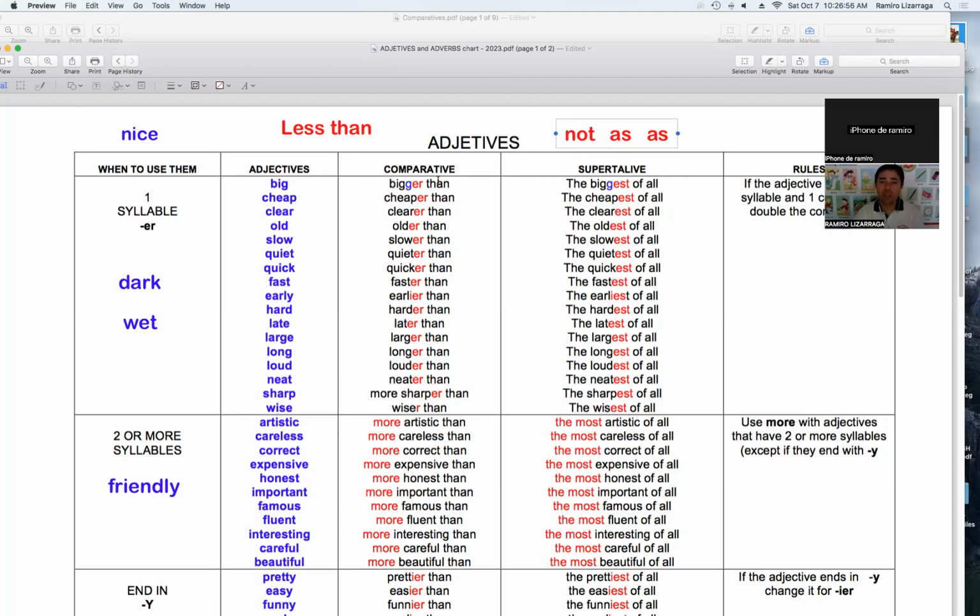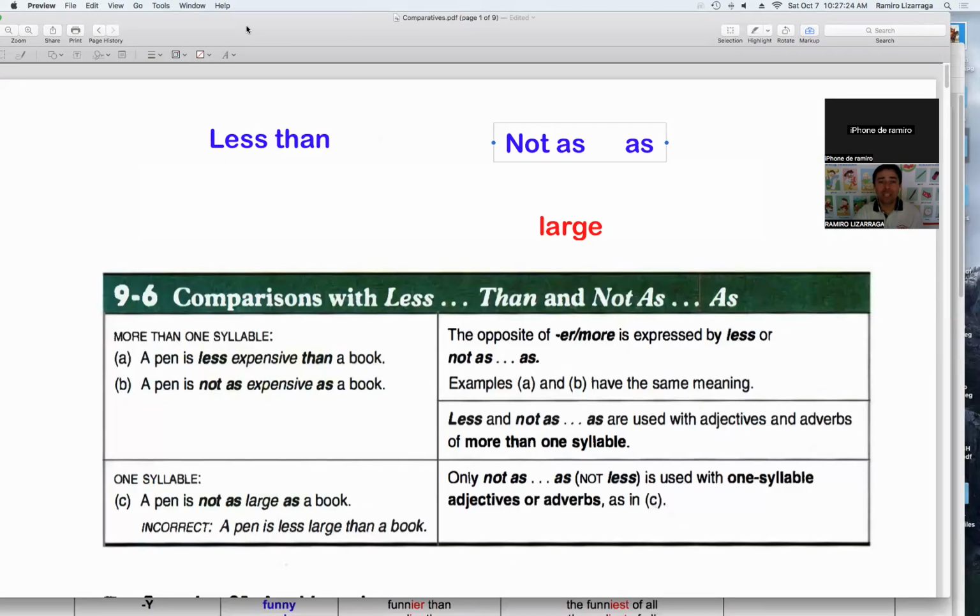More and bigger are the opposite of less or not as. But these two, less than and not as, when we use them with the same idea, they mean the same.